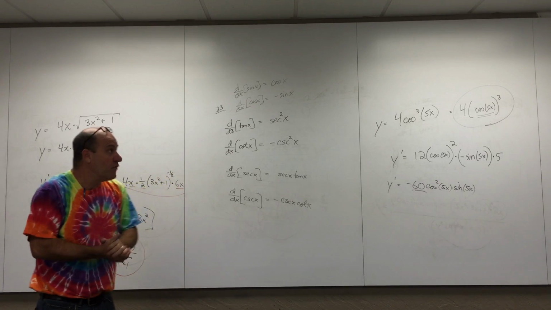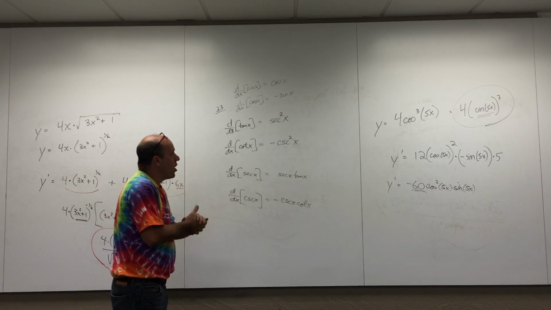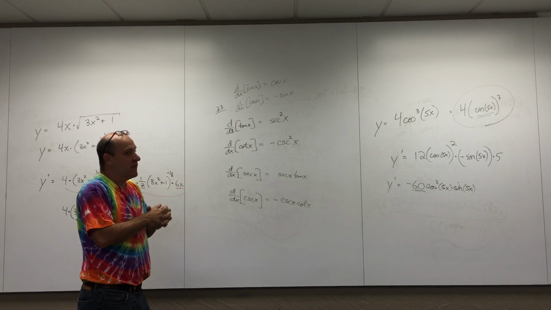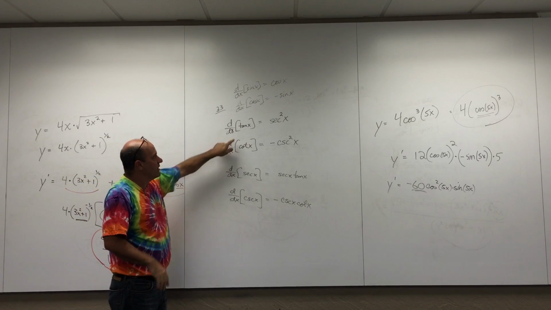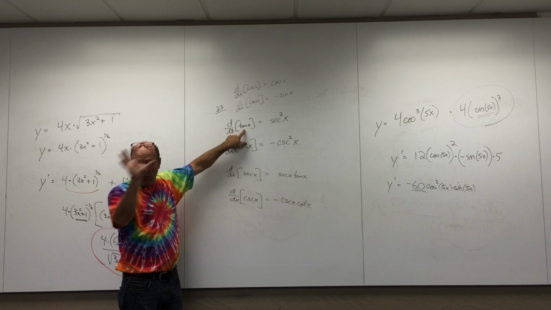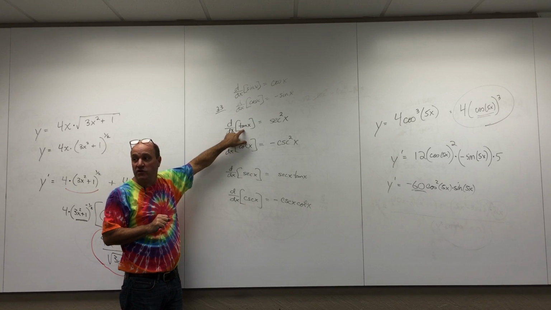If you want some proof of why these are what they are, I'll tell you something. Like tangent x, you should know a little trig, you should know some identities. Did you know tangent is sine over cosine?